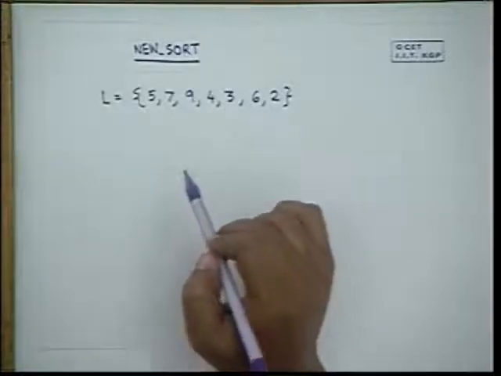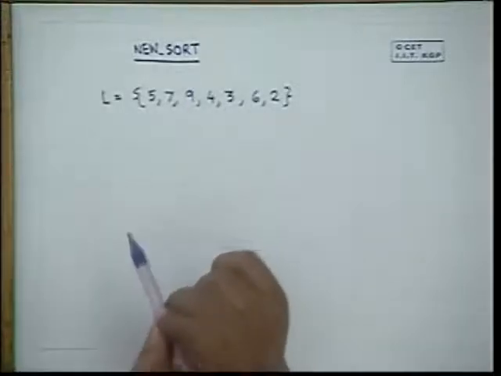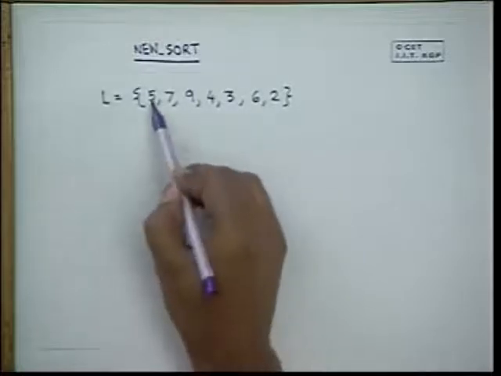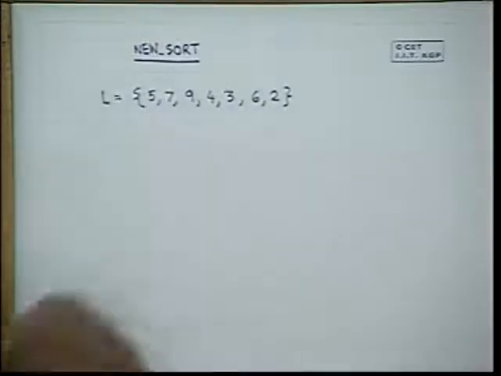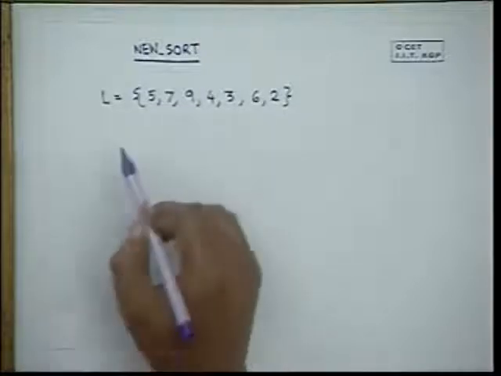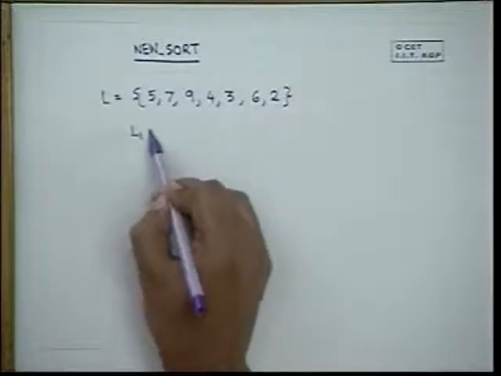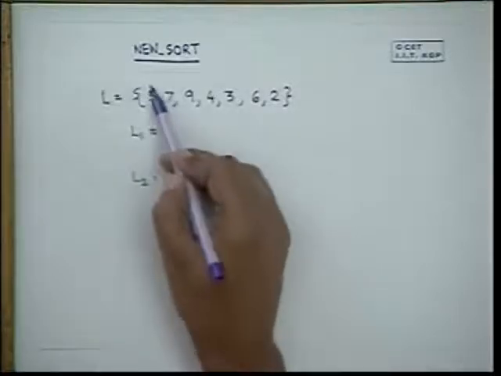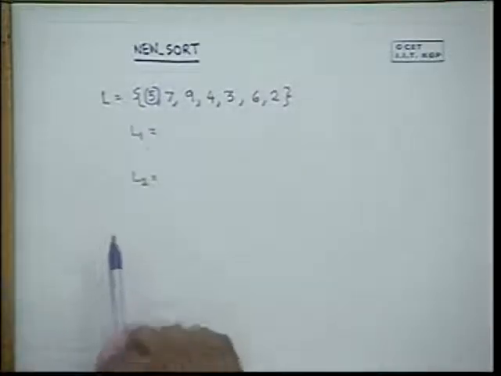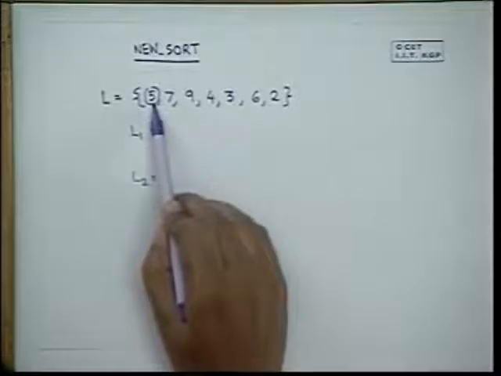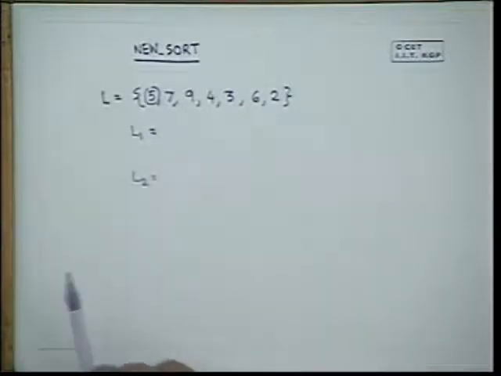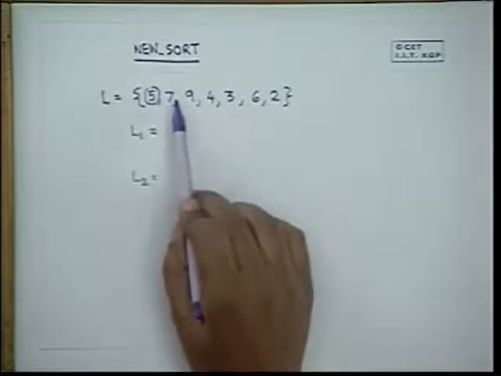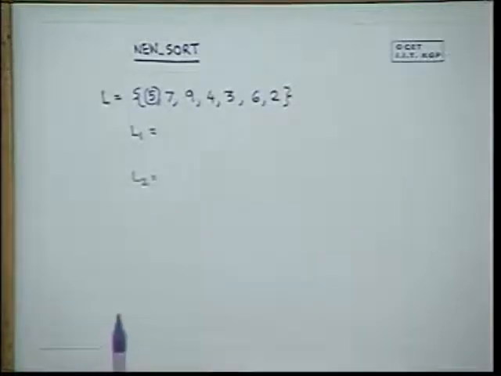Now we'll see another one. Pick out any element from here, say the first element, and form two lists, L1 and L2. These two lists will be based on this first element. All those which are less than or equal to 5 will go into L1. All those which are greater than 5 will go into L2.